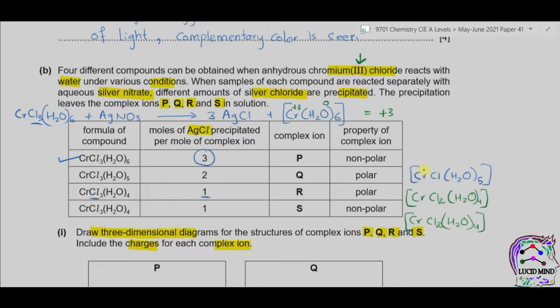In the second one we have +3 for chromium and -1 for chlorine, so +3 and -1 becomes +2. Water is neutral, so it is +2. In this one again we have +3 for chromium, -2 for 2 chlorine atoms, so +3 -2 will form +1. So overall charge is +1 as water is 0. Again similar is for this one.